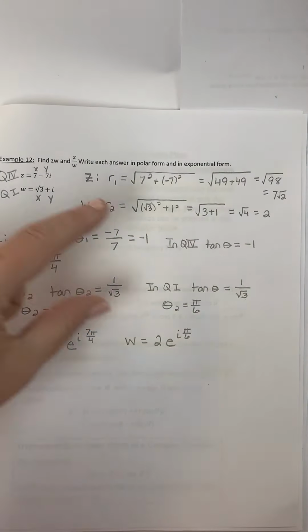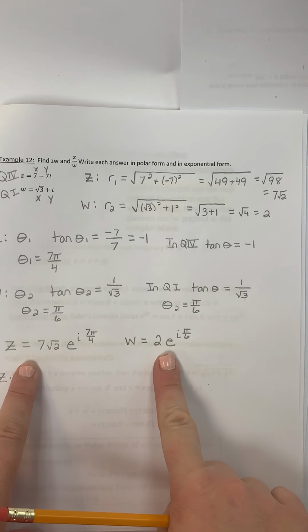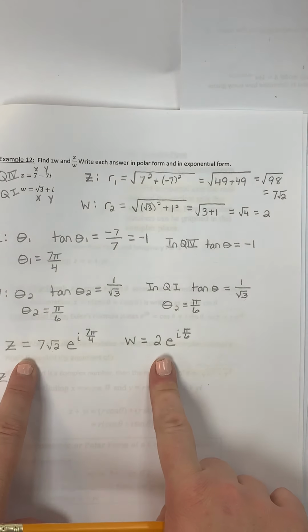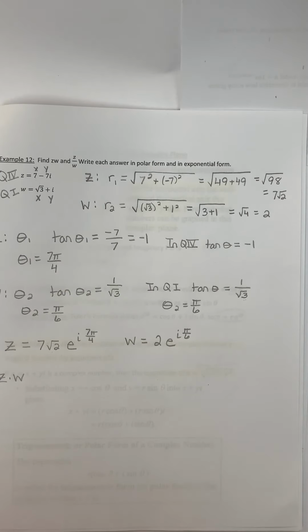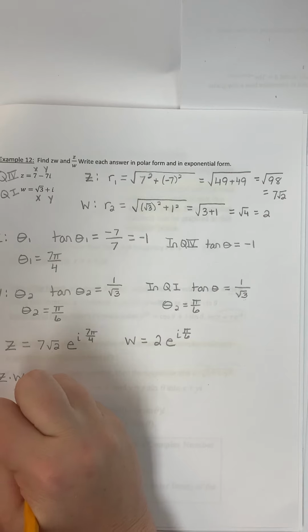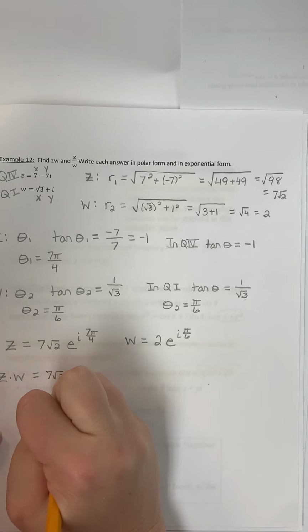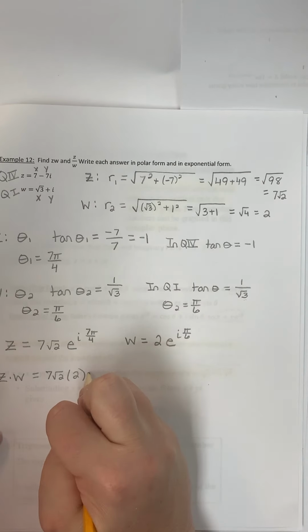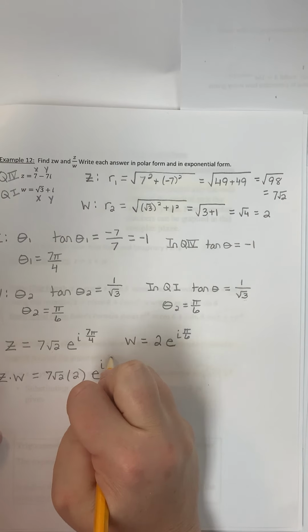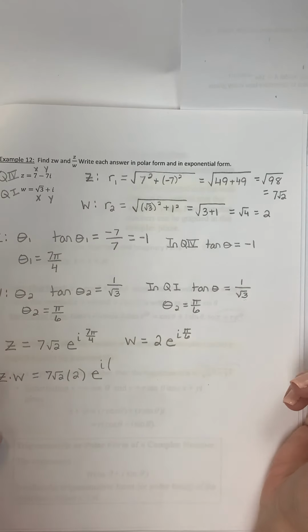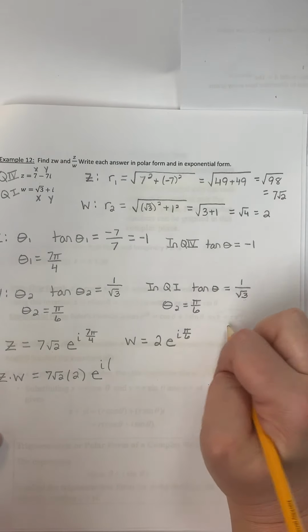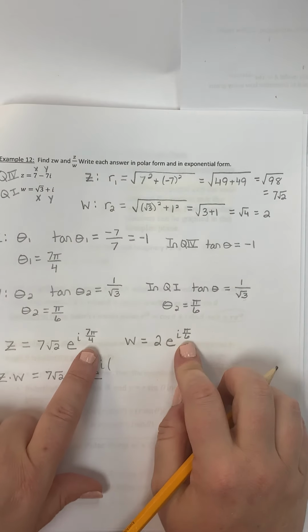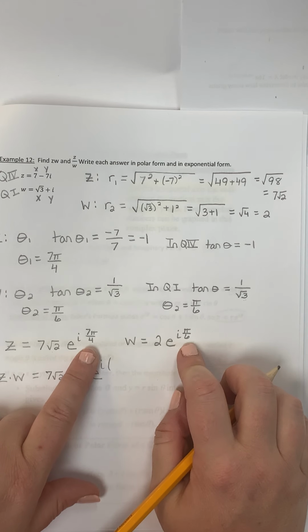Okay, now we can finally find the product. So all of this was just getting us to this point where we have two complex numbers in exponential form. Okay, now we're going to multiply 7 root of 2 times 2. e to the i, we're going to add these thetas together. Well, guess what? They don't have the same denominator. So a common denominator for 4 and 6, I know some of you are saying 24, you can use that if you want.